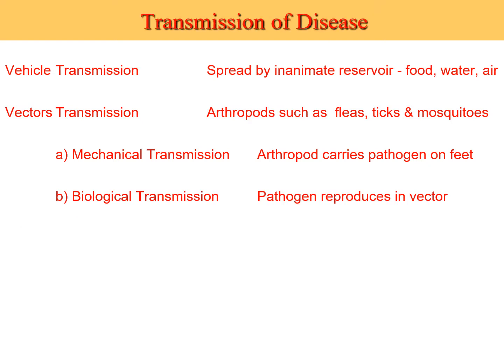There are other kinds of transmissions. Some involve what's called vehicle transmission, where it's spread by an inanimate reservoir. There is a reservoir that holds the organism, and it's inanimate, not a living thing or another person, and it spreads it. And this includes food, water, or air.